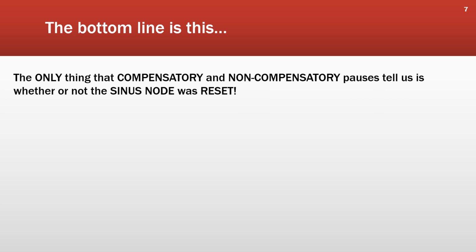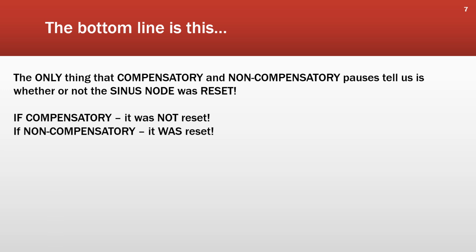Okay, everyone, the bottom line is this. The only thing that compensatory and non-compensatory pauses tell us is whether or not the sinus node was reset. If the pause is compensatory, the sinus node was not reset. It was not affected. If the pause is non-compensatory, the sinus node was reset.